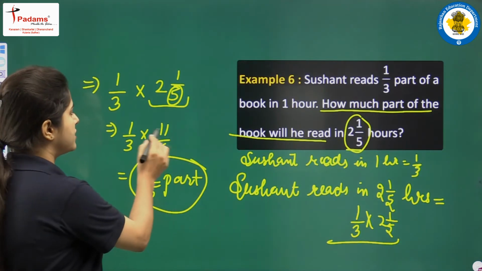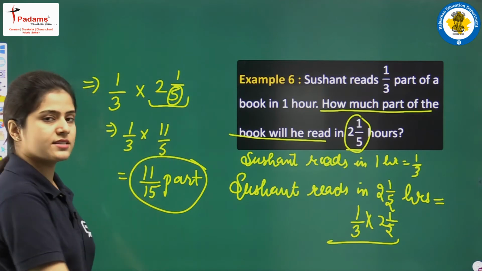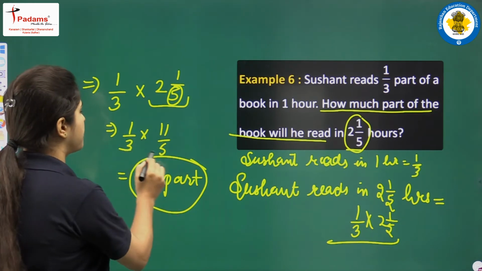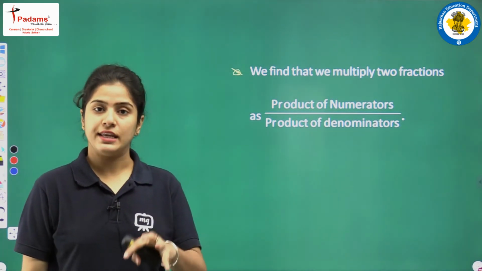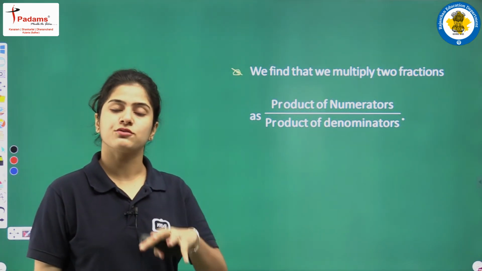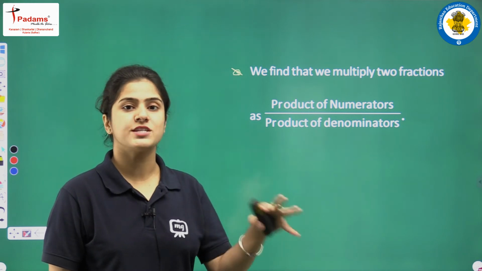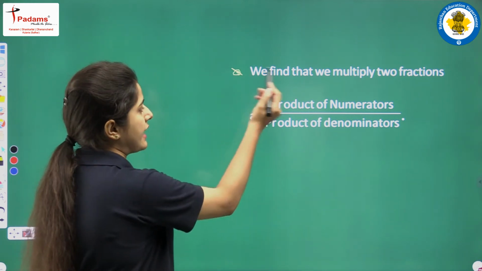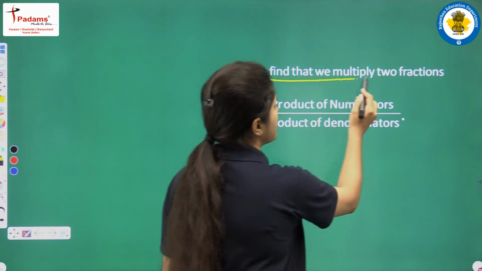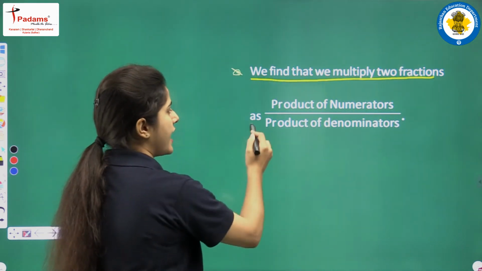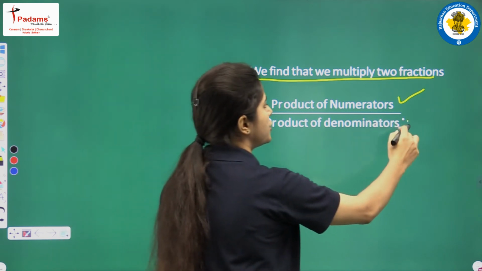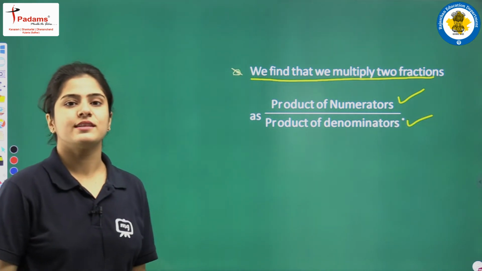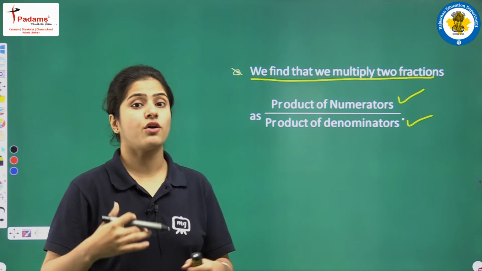We have done the product of the numerators, and we have done the product of the denominators. So the product of any two fractions is equal to the product of the numerators upon the product of the denominators. You can clearly have a look. So this was all about the product of the fractions.